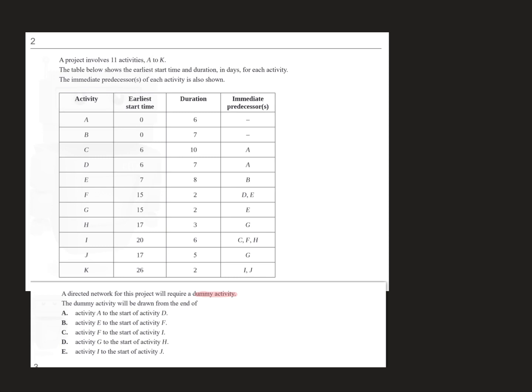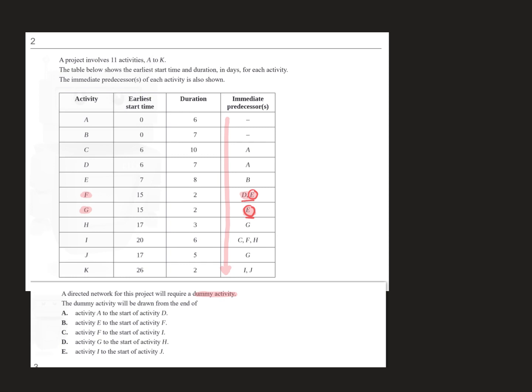Now, a good way to spot the dummy activity is if you go down these immediate predecessors, you'll see that, say for F here, before it can start, it has to have D and E. So what we're also seeing though is G also has to have E. So generally we can see a dummy occurs when you see this repeated twice, and particularly when one has 2 and the other one has just the letter by itself.